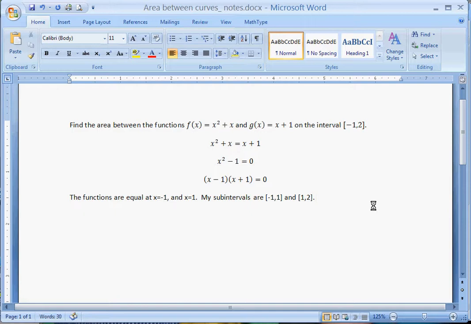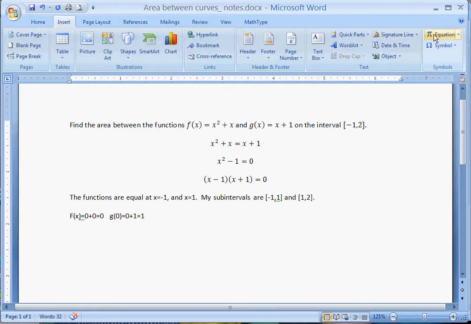How about we check f of 0, which is 0 plus 0. I like that. And g of 0 is 0 plus 1. So I'm pretty sure that g of x is larger than f of x. That means I get to do the following integral to find the area.